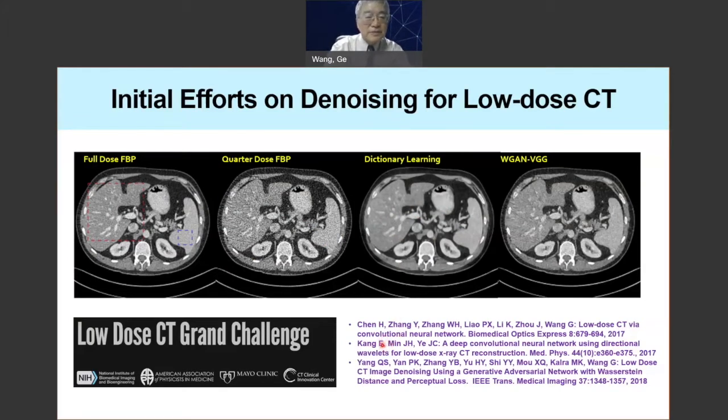The first two papers are the really earliest publications, and the third one was published in TMI, where we used WGAN and introduced the perceptual loss measured by a VGG network. So we have human perception incorporated. The resultant image quality looks very much like ground truth.